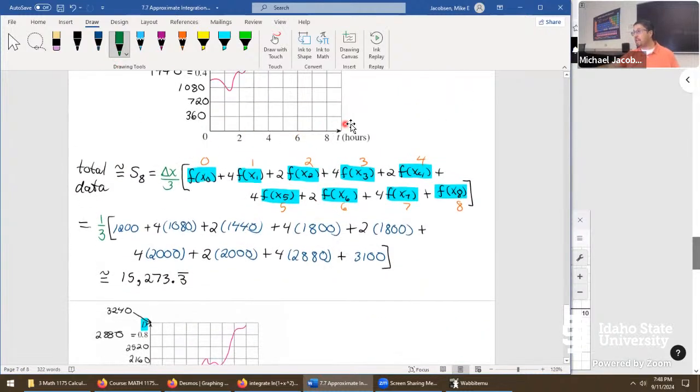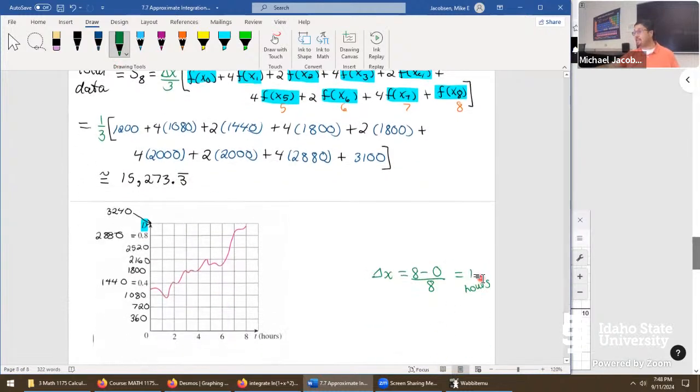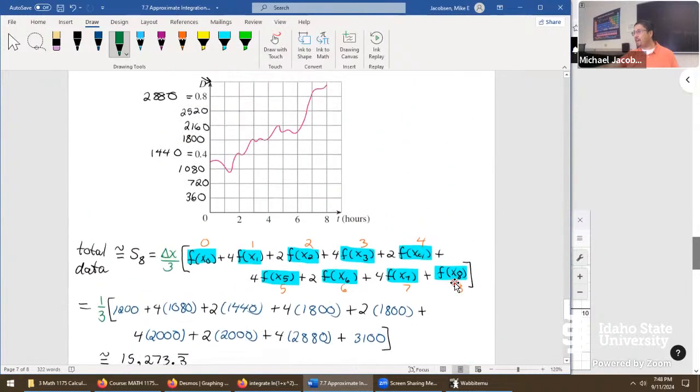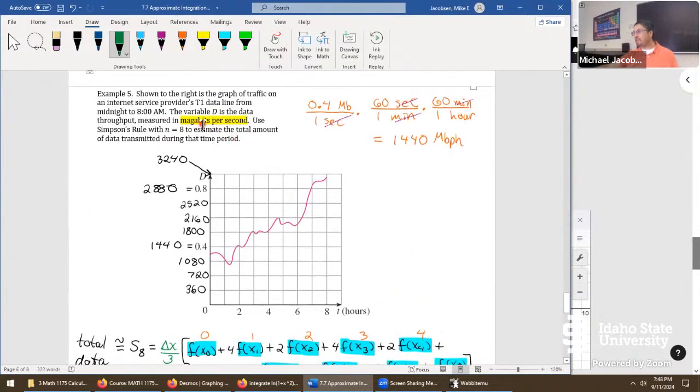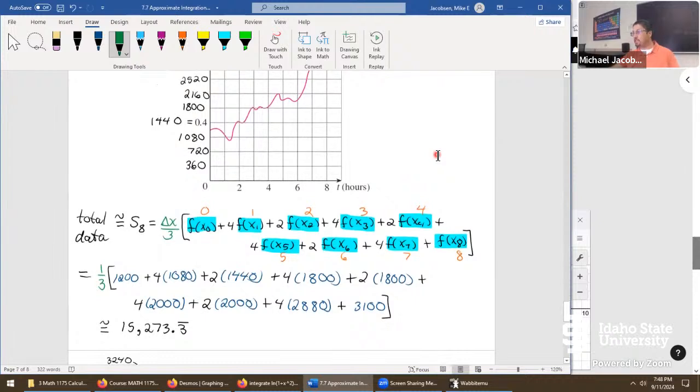We took the actual horizontal axis to form delta X. If that's in units of hours, and this is in megabits per hour, we just get megabits itself. So coming down here, the unit on this thing is megabits. I'm not too worried about your unit in the final answer, but it's just the nicest way to format the answer. If you missed that, it's not a big deal, but this one did require a unit change.